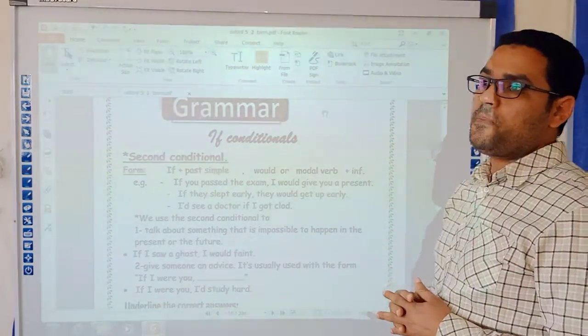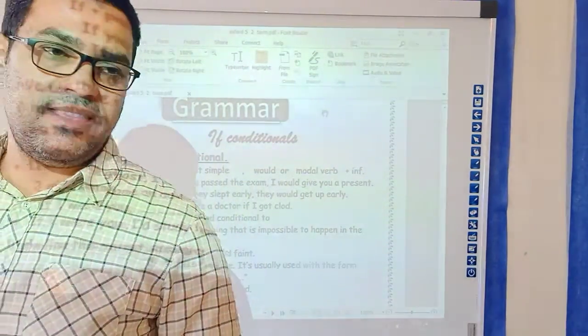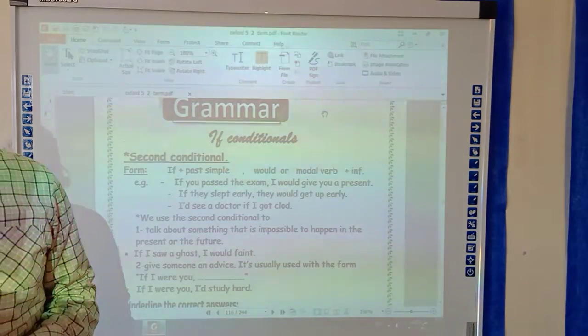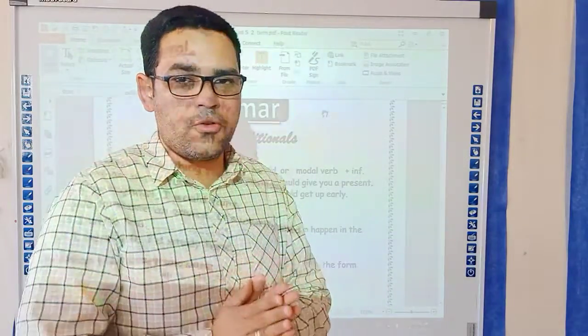For example, if you studied hard, you would get the full mark. So getting the full mark in the present is impossible because you didn't study hard in the past.